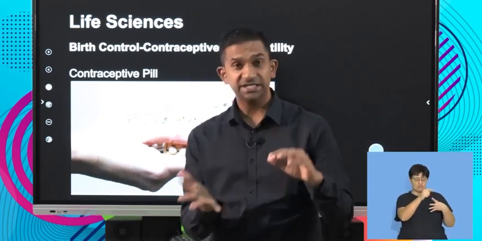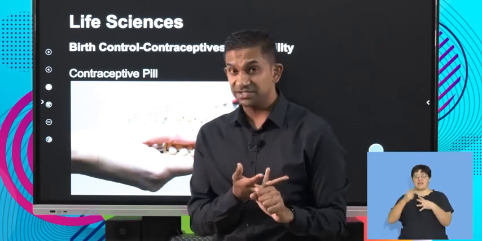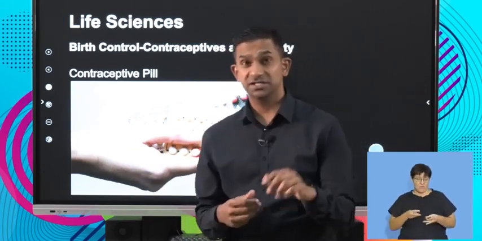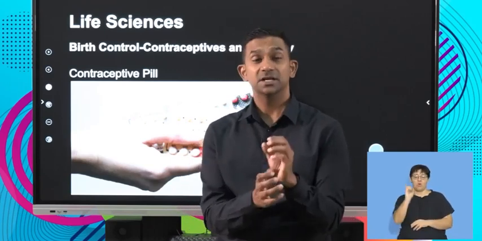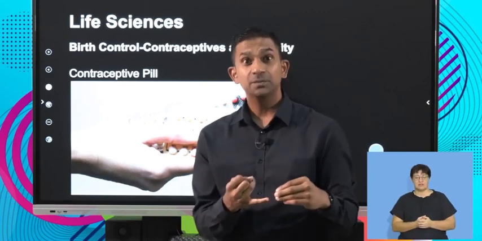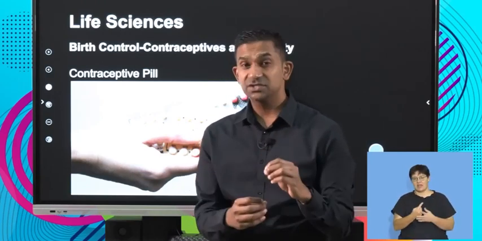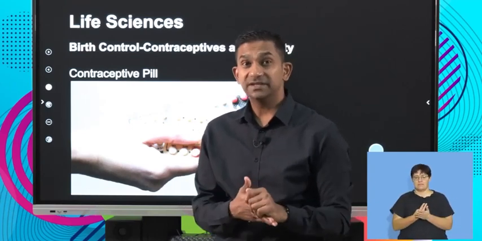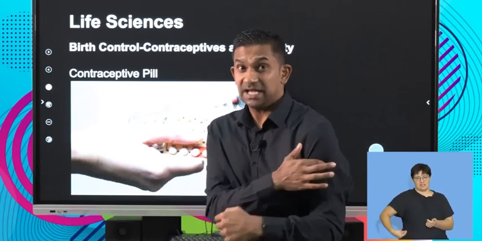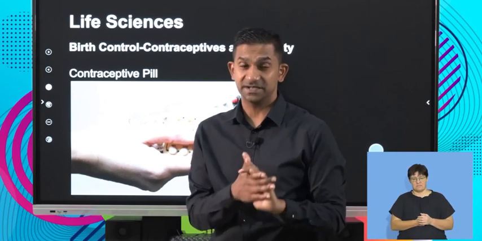The 4 main categories are natural, mechanical barrier, surgical procedures, and finally contraceptive methods that involve chemicals. These chemicals prevent ovulation, the release of an egg, and come in combinations of patches, a strip of pills, or even implants and injections that could be given. So there are various different methods of contraceptives that are available.